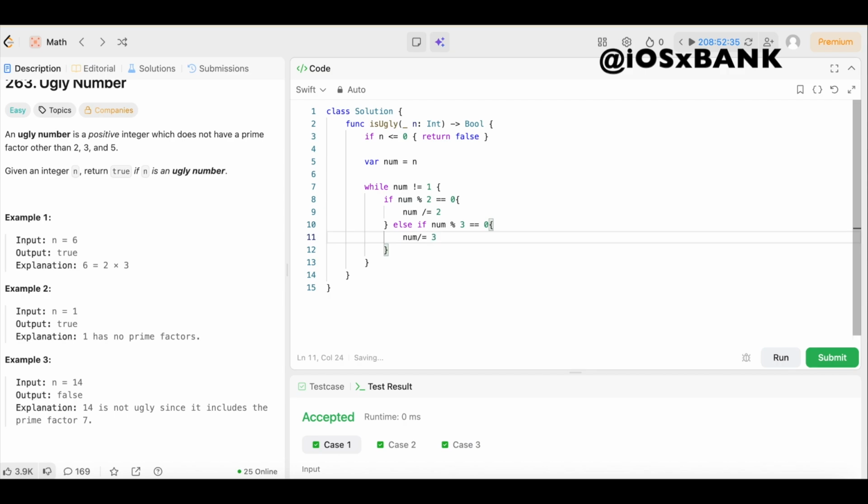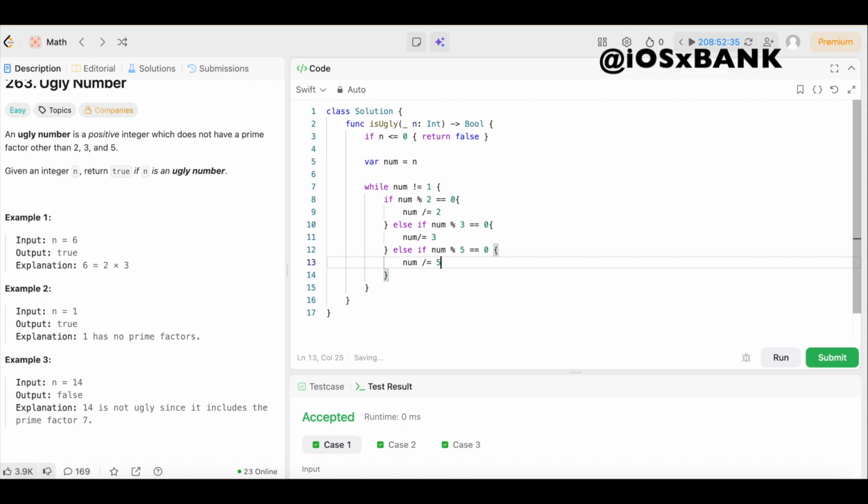Boom. Otherwise, if divisible by 5, we're going to remove one factor of 5. So we'll say else if num mod 5 equals 0, then we'll open up the brackets and say num divided by equals 5.